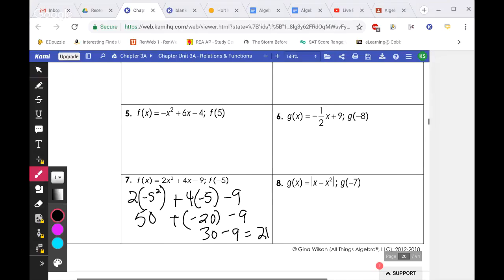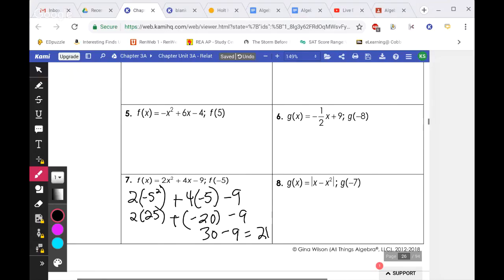So in this case, -5 squared is 25, which I didn't write out. I apologize, because that might have made it easier to follow. 2 times 25 is 50, minus 20 is 30, minus 9. Does that make sense?